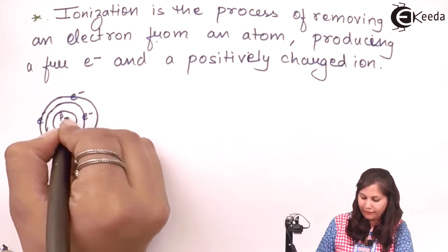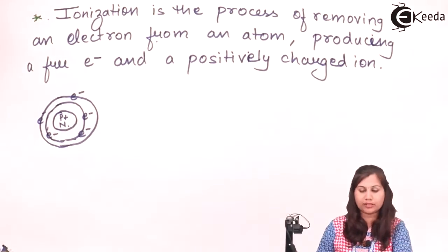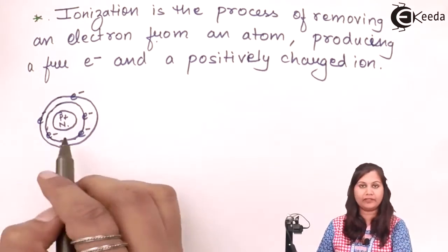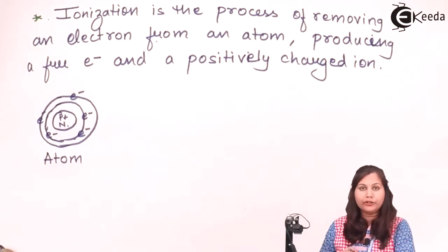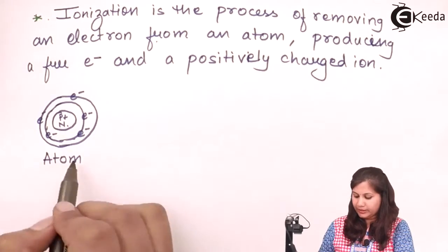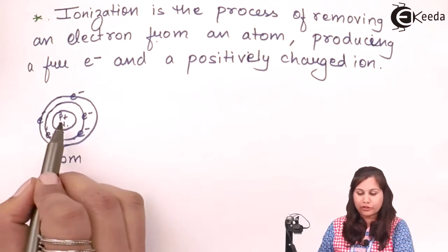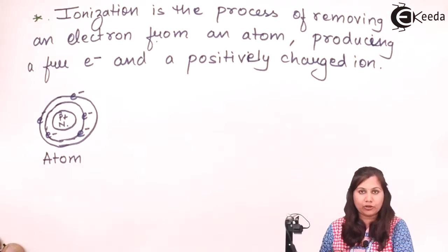In the nucleus we have the protons plus the neutrons, and around this we have the electrons. So this is a neutral atom, in which the number of protons is equal to the number of electrons.